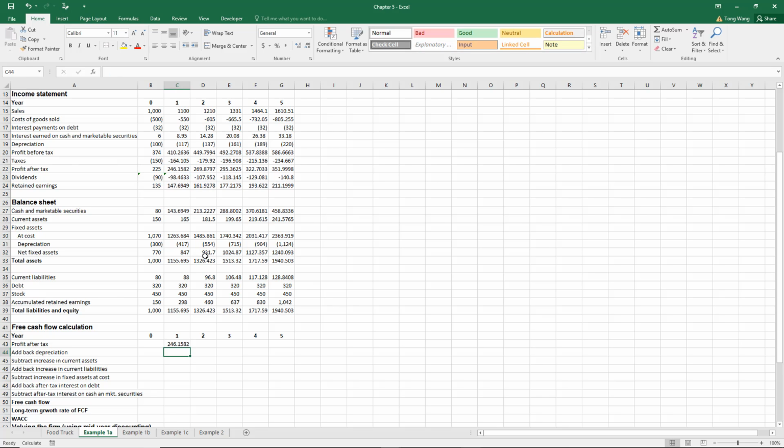Profit after tax, depreciation, subtract increase in current asset, add increase in current liability, subtract the increase in fixed assets at cost.